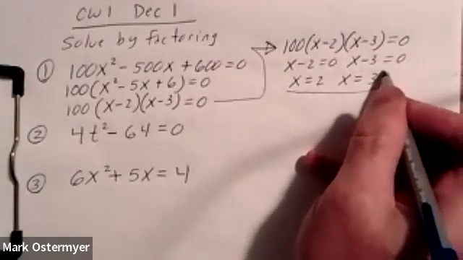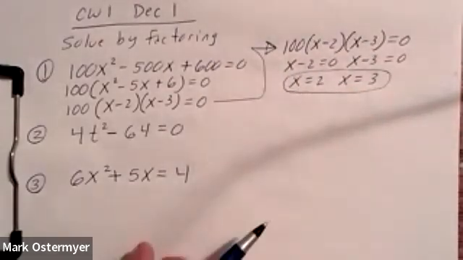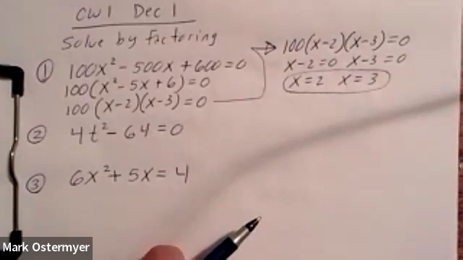Anybody get 2 and 3 for the first one? Anybody get 2 and 3 for solutions to the first one? Rebecca, did you get 2 and 3 for the first one?